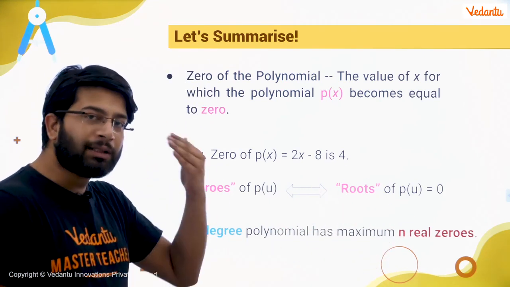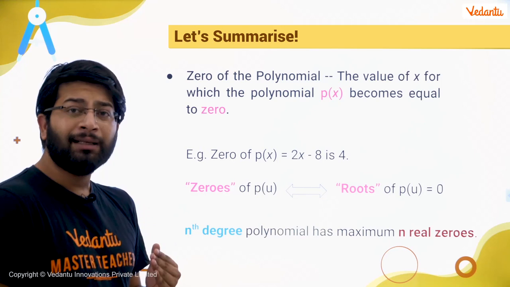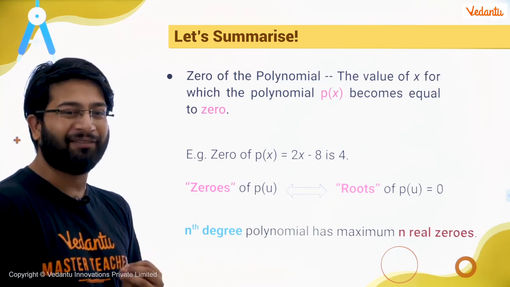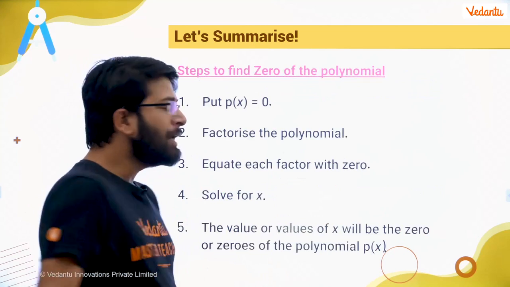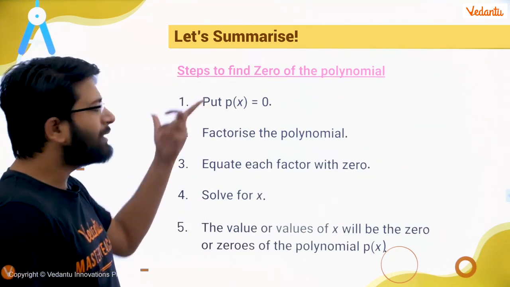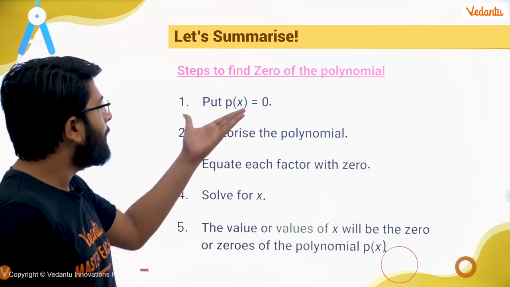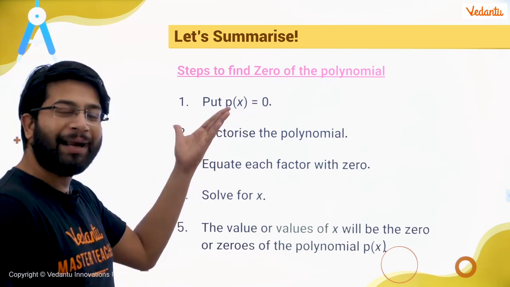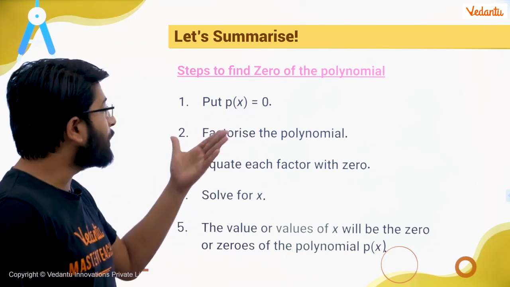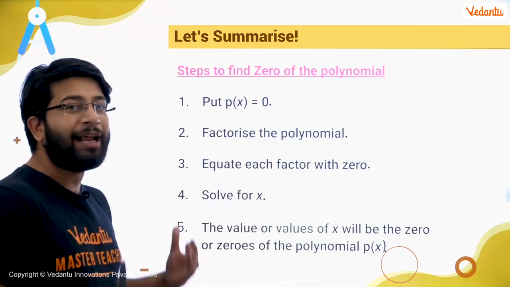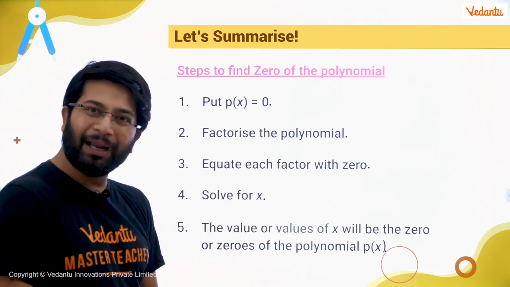That means whatever the degree of the polynomial is, that is the maximum number of real zeros that any polynomial could have. After that, we have seen also how to find the zeros of any polynomial. Simple. Put the polynomial equal to 0. Factorize it. Put every factor equal to 0. Find the value of the variable. And that value is the zero of that polynomial.